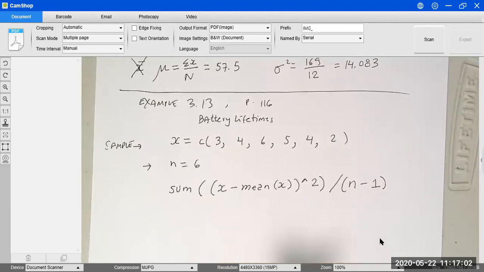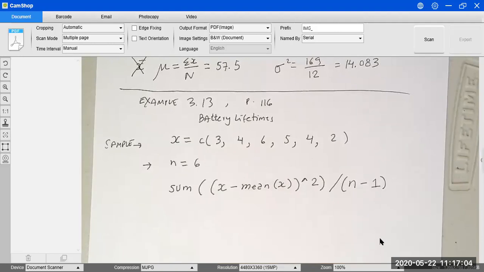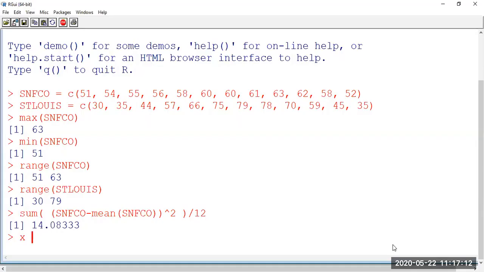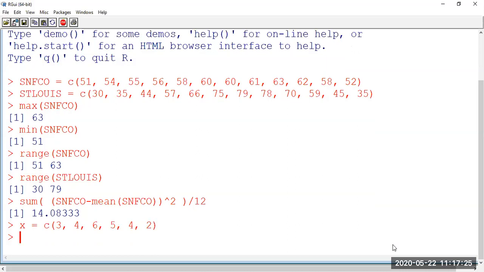So let's do that. We're going to use our console. We have now x equal to the lifetimes of those batteries: 3, 4, 6, 5, 4, and 2. So those are the lifetimes. We're going to get the sum.